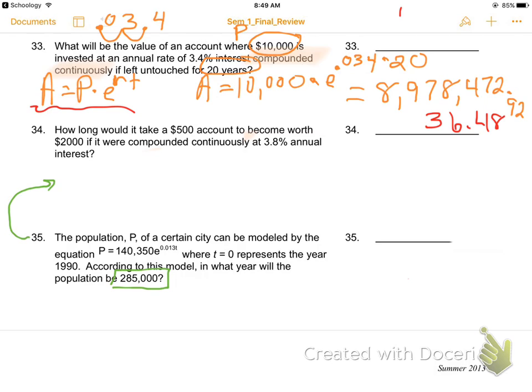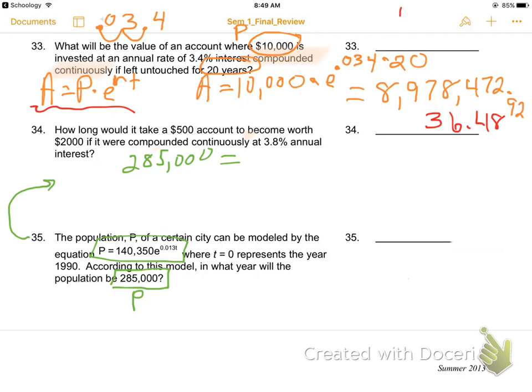They want me to plug in this, and this is my ending population, or my p-value. So very similar to the problem we just did. So I have 285,000 equals, and now I'm just using the formula they gave me.